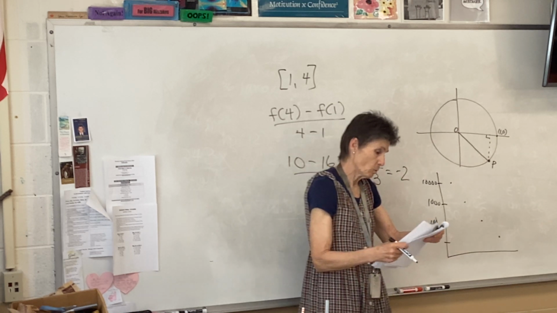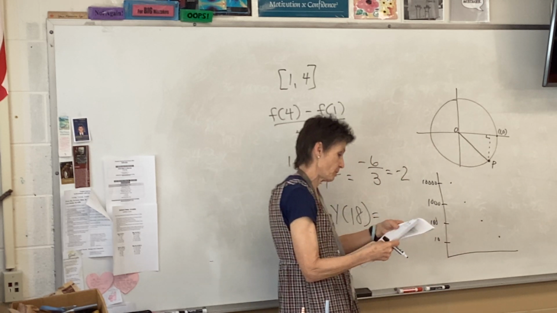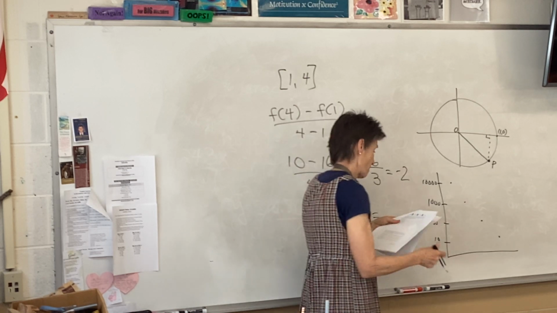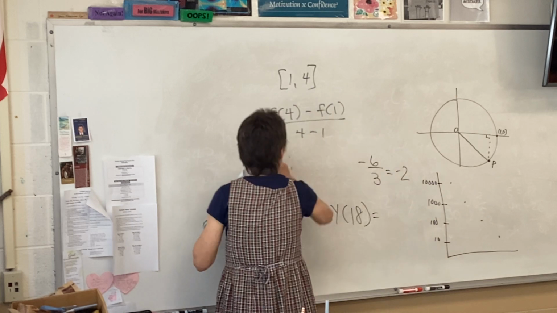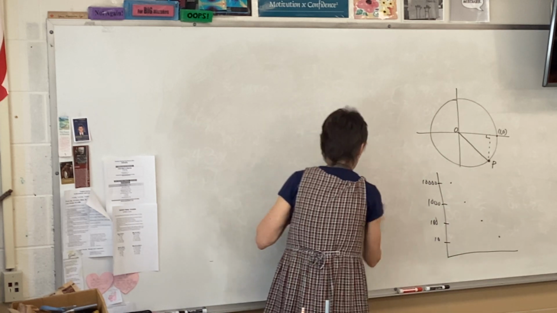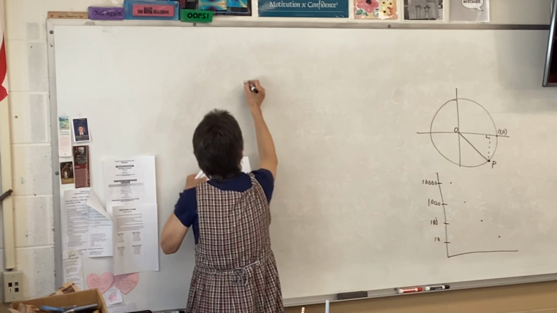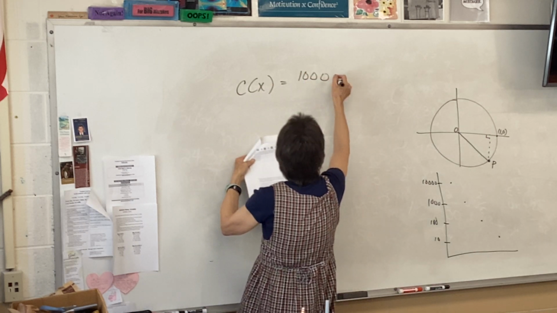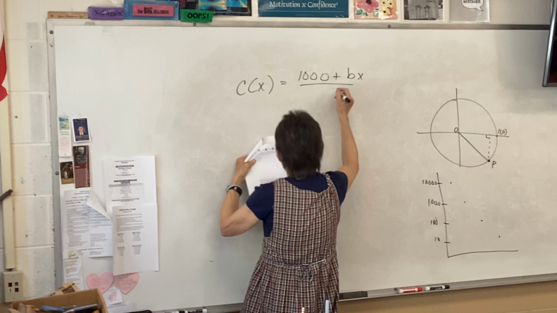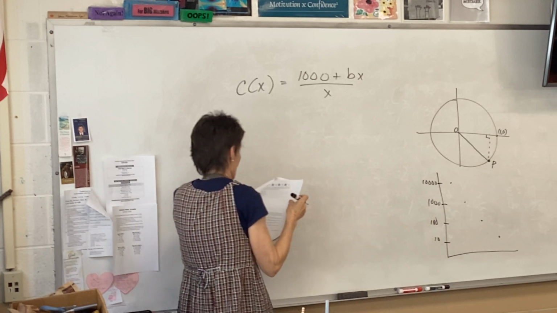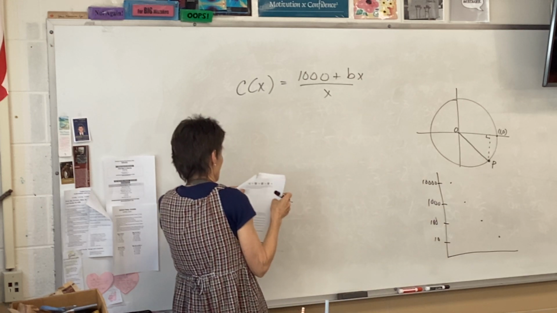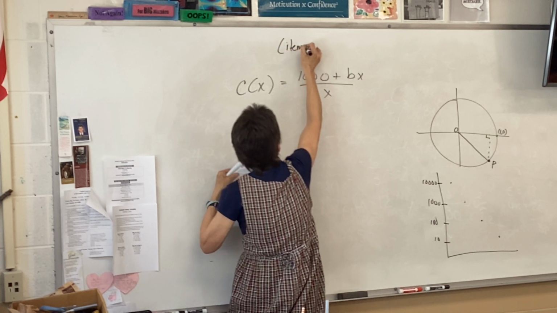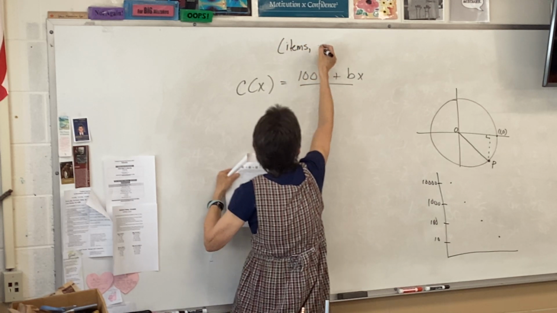All right, we'll do one more together and then I'll let you work with your partner. All right, so what happens here? So this is X items and dollars.